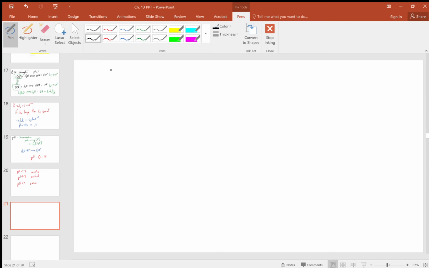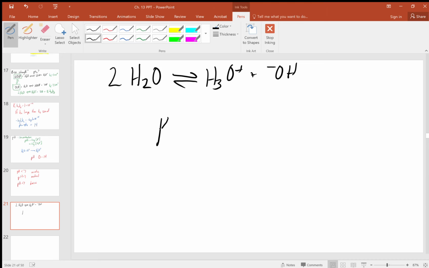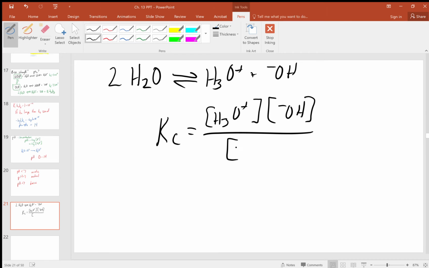Now, for any neutral solution, we can write this expression that we've seen before. Two water molecules react to form H3O plus and hydroxide. And so we can write an equilibrium expression. Kc is equal to H3O plus times hydroxide over water squared.